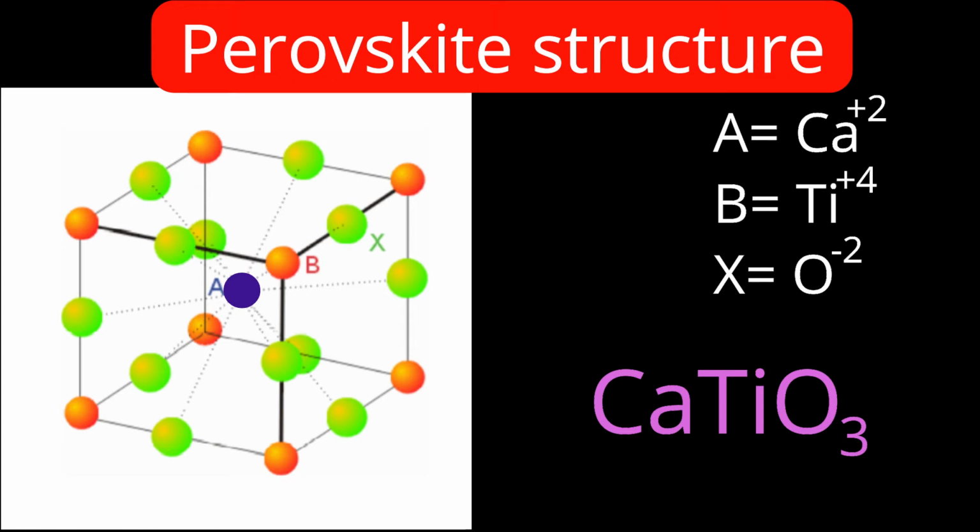Now let us discuss second ion, titanium plus 4. Now titanium plus 4 are occupying the positions at corner. Corner has how much share to the represented unit cell? 1/8. 1/8 into number of ions shown there. How many are they? 8. 1/8 into 8. So 1 titanium is there.